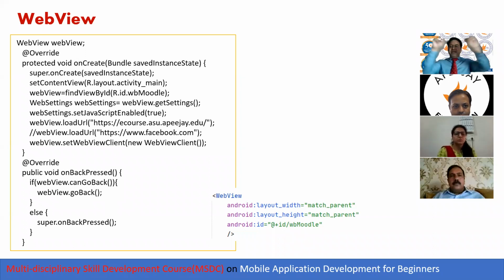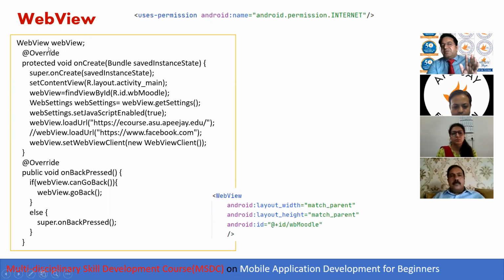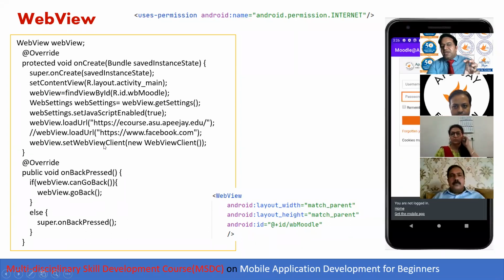Web view means I will create an entire screen which will behave just like the web. I will use this control and do some programming, obviously. I will create a variable of type WebView, enable some web settings, and load the URL into it. Then I create a web view client, and I will show you.